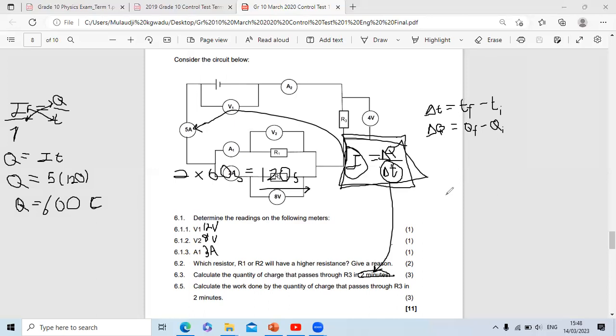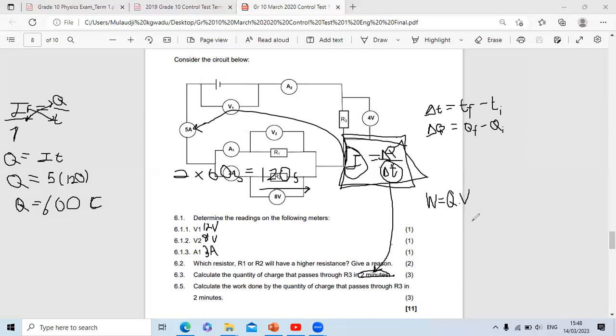For work, there's this equation that states that work done by a circuit is going to be equal to the charge multiplied by the voltage. Have you seen this one?